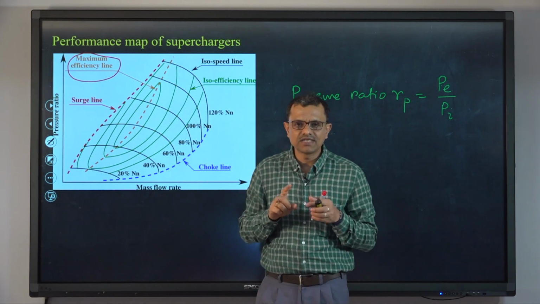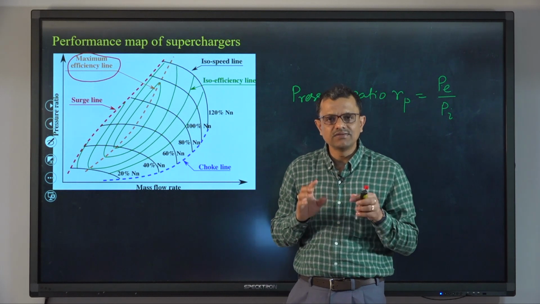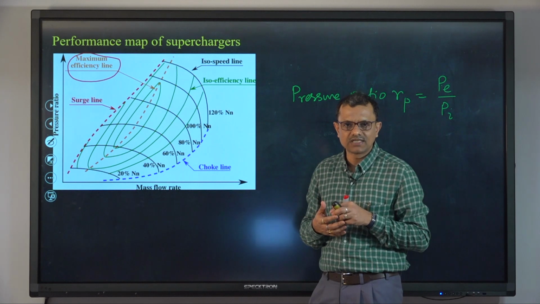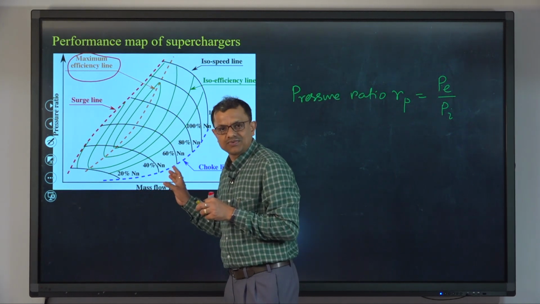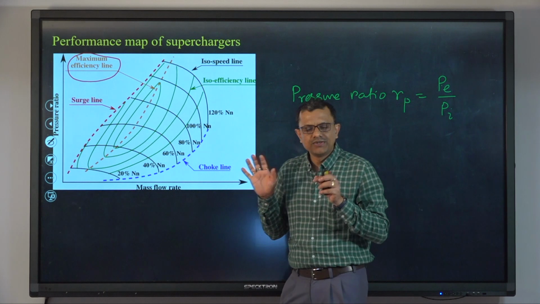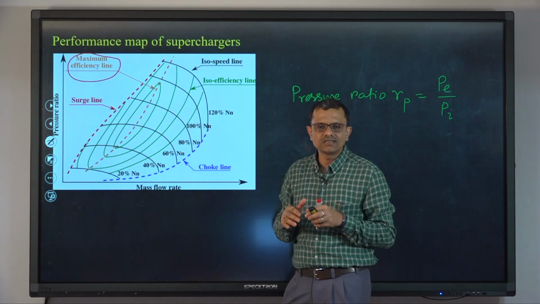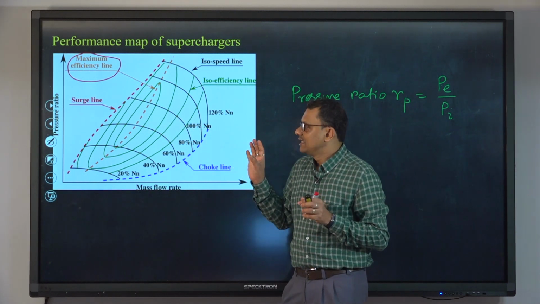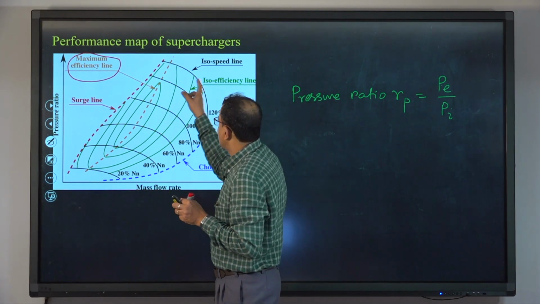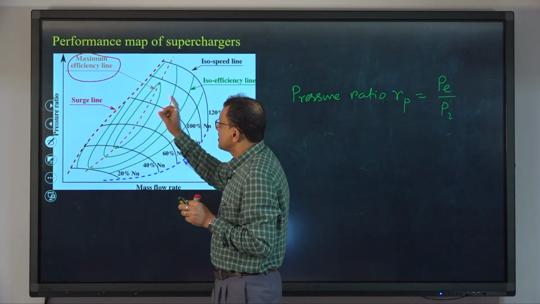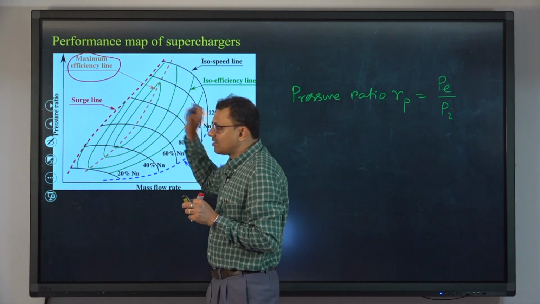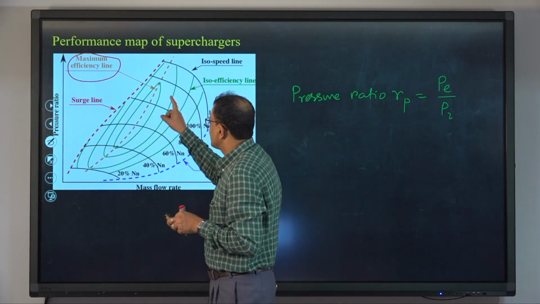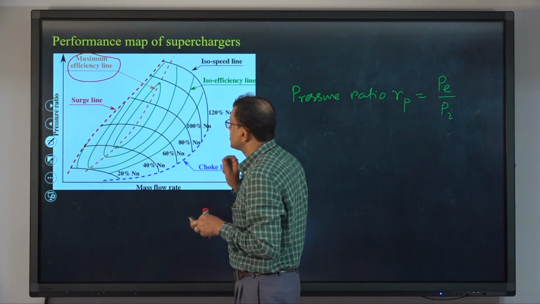So, the first objective is to get the pressure ratio experimentally, of course, or the rise in pressure of air as it passes through the compressor for different values of mass flow rate at a constant speed. If we perform this task for different speeds, then this map can be obtained. In this map, in addition to the iso-efficiency lines, there are two different lines as well: one is the maximum efficiency line and the others are iso speed lines.